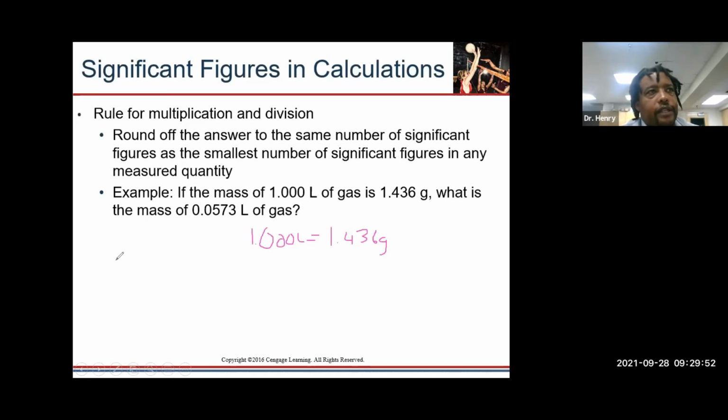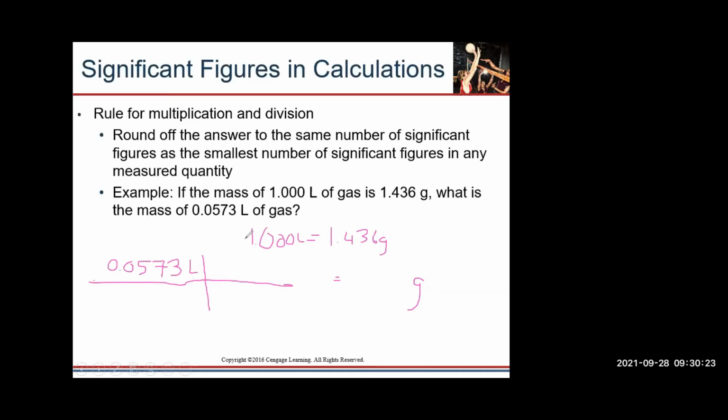So if I'm starting out with 0.0573 liters, and I want to calculate the mass of that, I want it in grams, what am I going to use? You're going to use your equivalence ratio. That's right, I'm going to use this ratio.